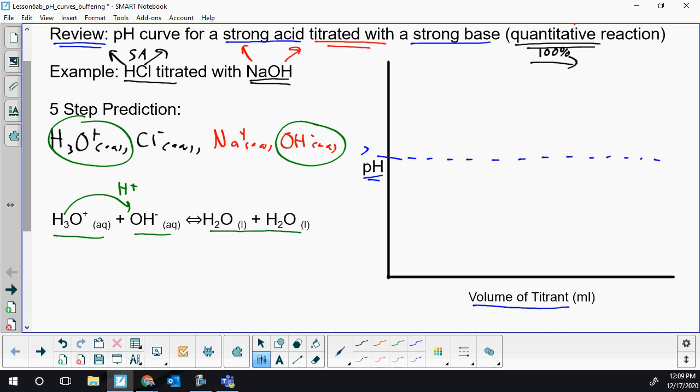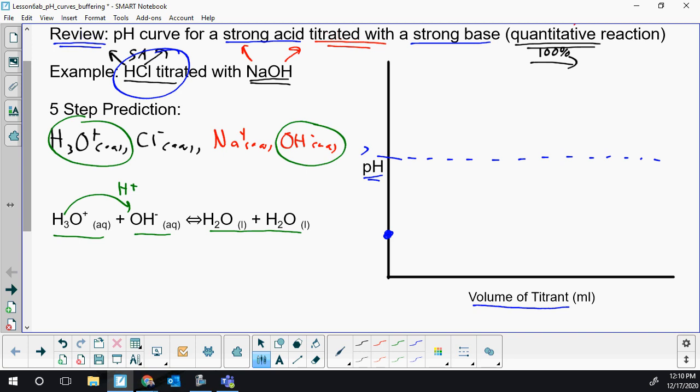And I like to put a dotted line in a lot of my examples for that 7 pH, our neutral pH. We know the sample is hydrochloric acid because that came first. So we know we're starting somewhere acidic. I don't know exactly how far down, but I know I'm starting relatively low. If the question gave you the exact concentration, then you could figure out what pH.